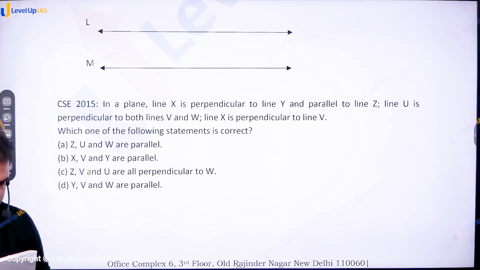Okay. आ गया सबका? Everybody got the answer?